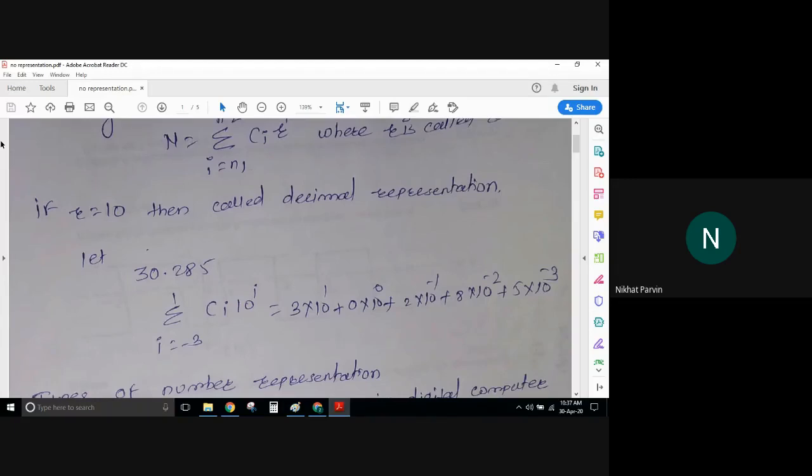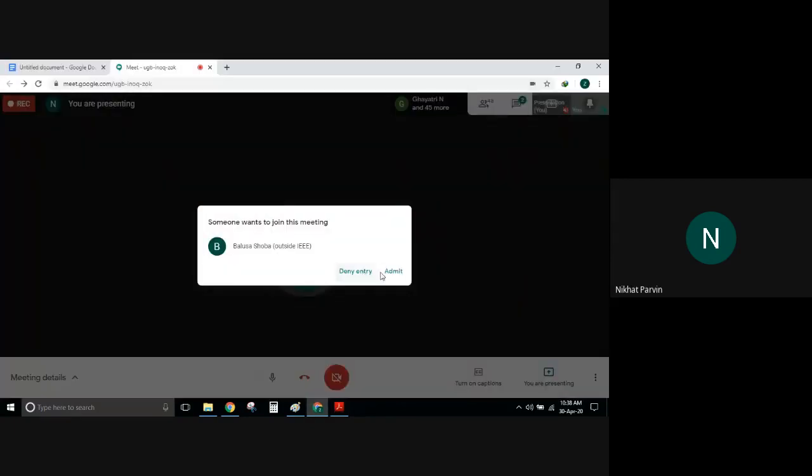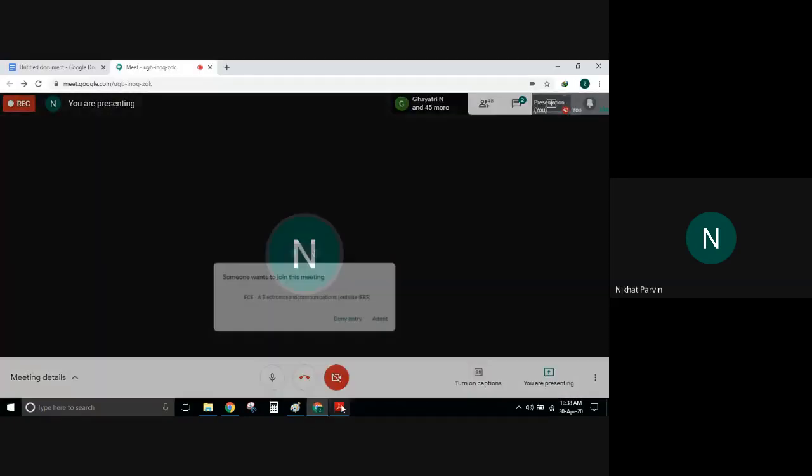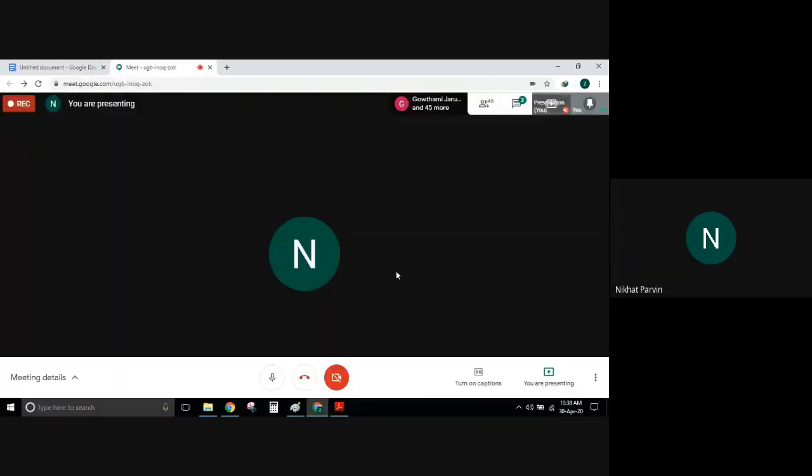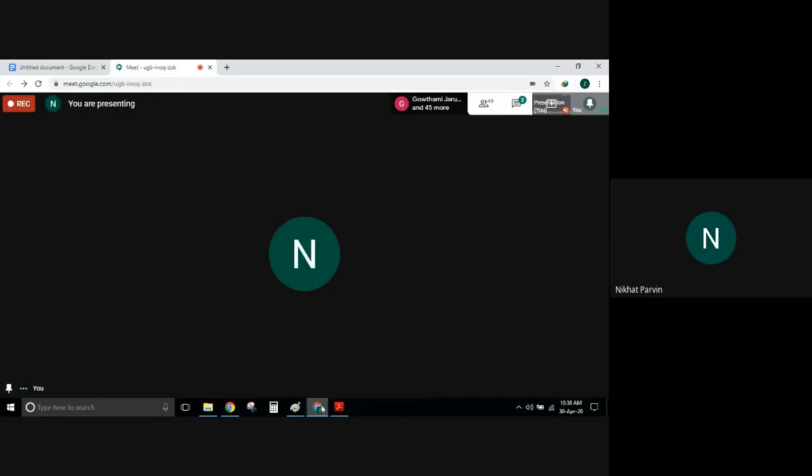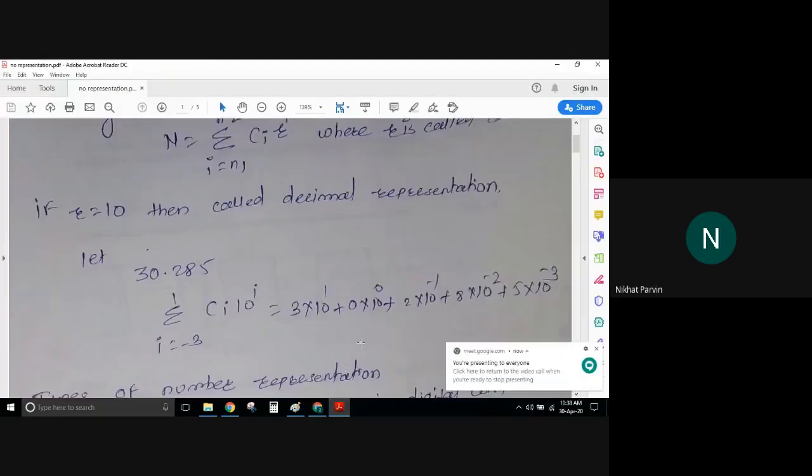The first form is you can represent with a fixed point number. Next, you can represent with a floating point number. And third, we can represent with a block floating point number.